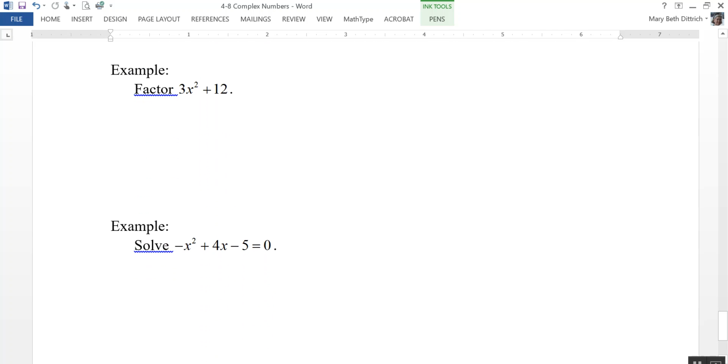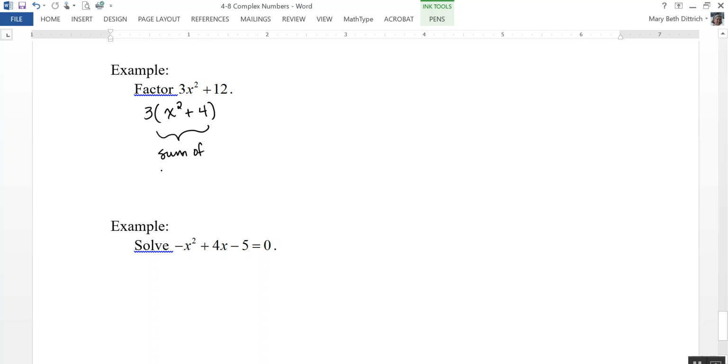Okay, and our last couple examples here, we have to factor 3x squared plus 12. So the first thing I'm noticing is that I can take out a greatest common factor of 3, and that leaves me 3 times the quantity x squared plus 4. And notice that this is a sum of squares.